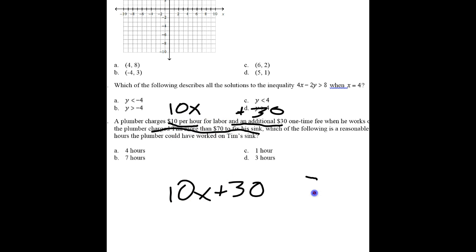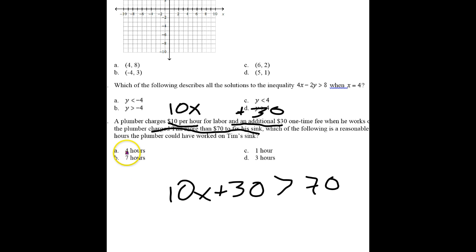So I'm going to write 70 right here on the side. And how could I represent more than $70? Well, that would have to be with the greater than sign. The amount he spent has to be greater than 70. So I need to figure out which one of these hours would produce an amount bigger than 70.